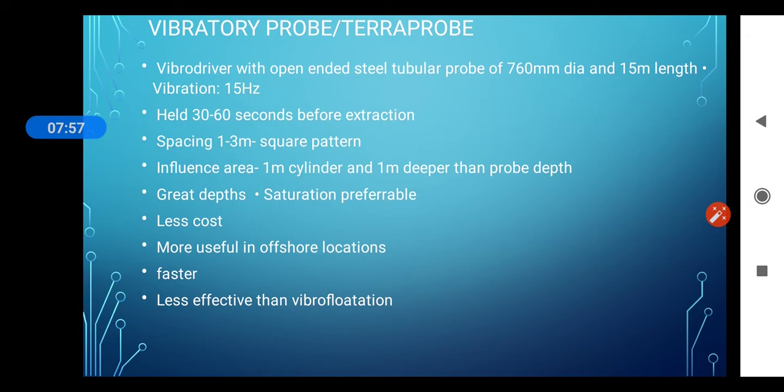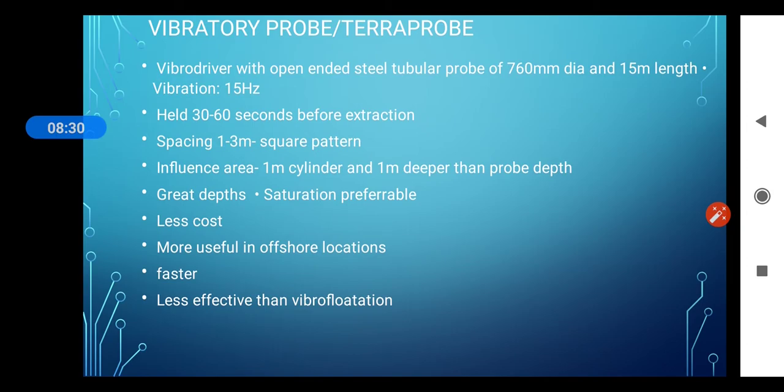The probe is sunk to the desired depth and held for 30 to 60 seconds before extraction. A spacing of about 1 to 3 meters is generally adopted, in a square pattern with four probes at the corners and the fifth at the center, to increase densification instead of adopting a reduced spacing.